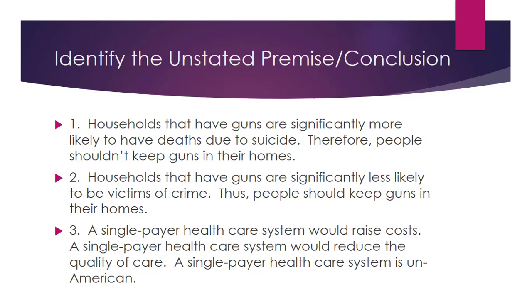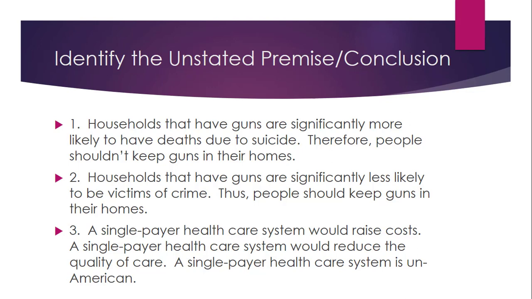Let's look at the second. Households that have guns are significantly less likely to be victims of a crime. Thus, people should keep guns in their homes. What is an unstated premise? In this case, there is an unstated premise, and it is that guns are used to help prevent crimes. Right, so we have the first premise here: households that have guns are significantly less likely to be victims of crime.